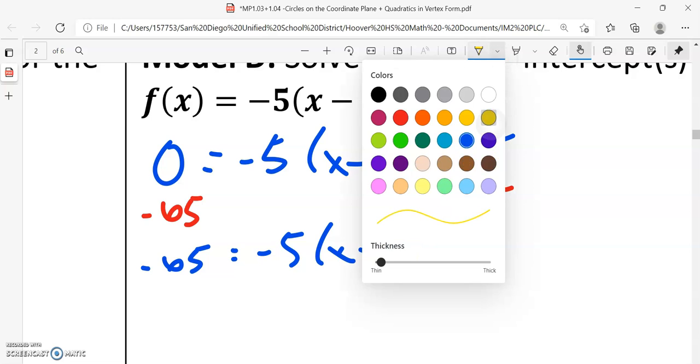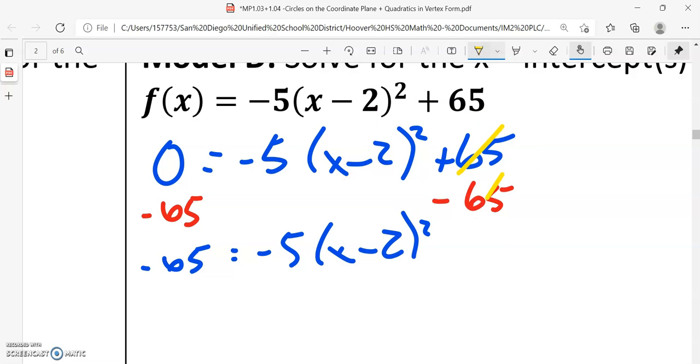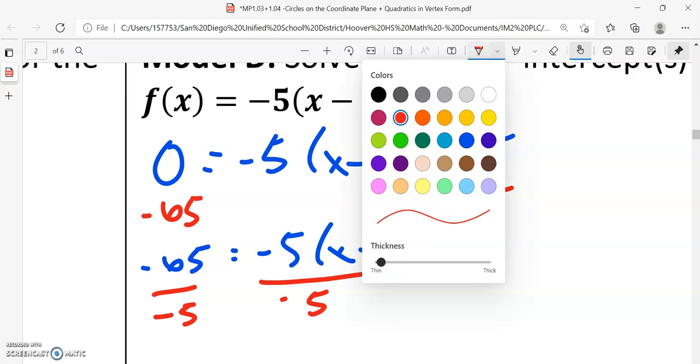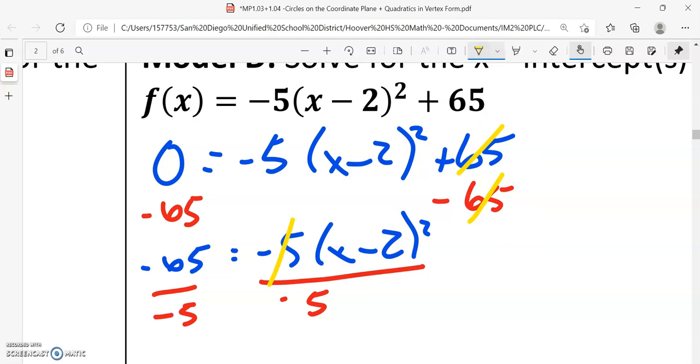And these cancel out. Then we're going to divide by -5 on both sides. So by design, that cancels out. -65 over -5, that is 13.